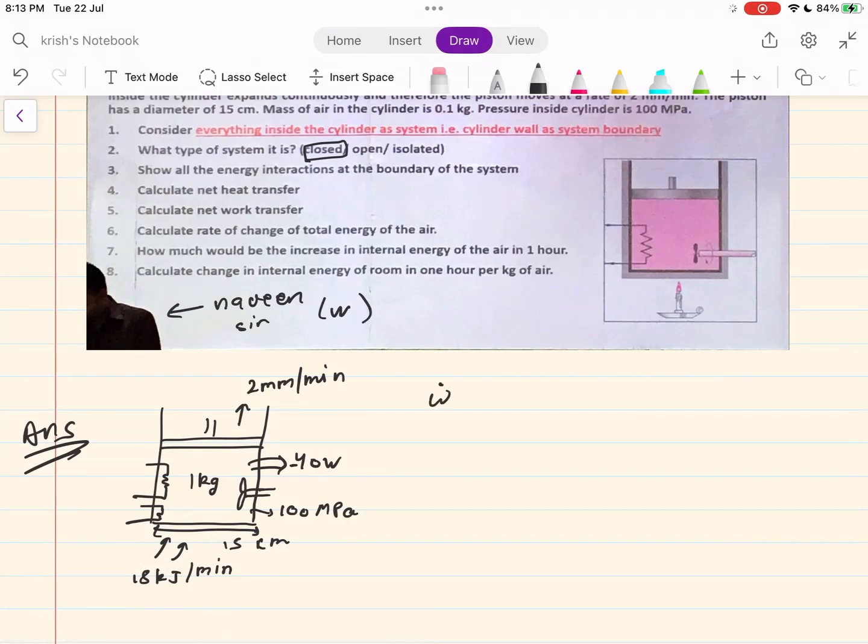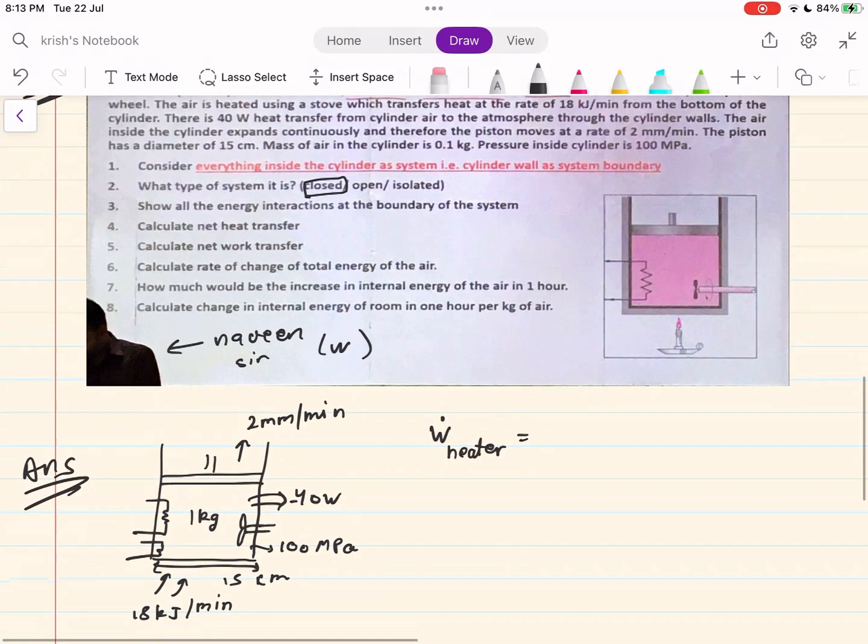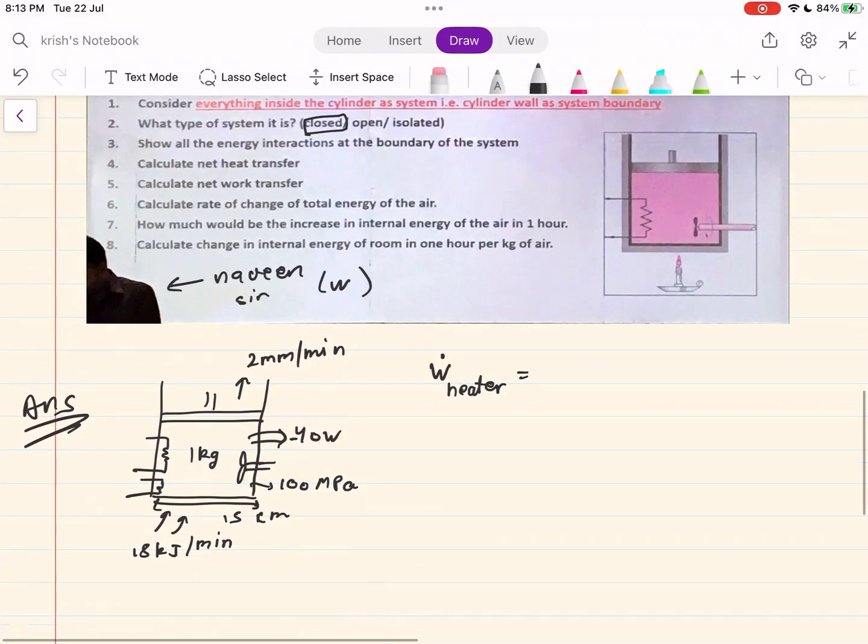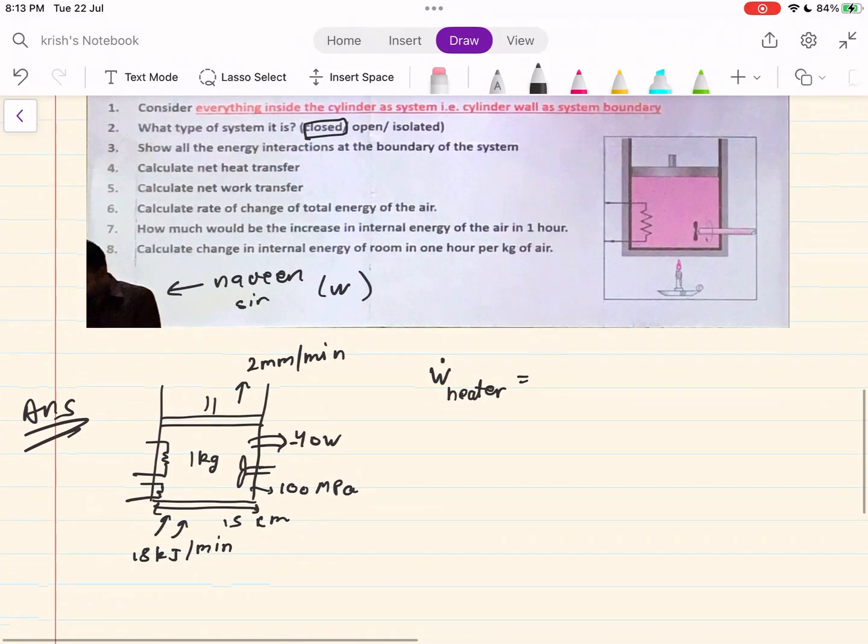Work done, rate of work done by the heater. Okay, since we are considering everything inside the cylinder as system, that is cylinder walls as system boundary, heater is transferring work through the boundary.